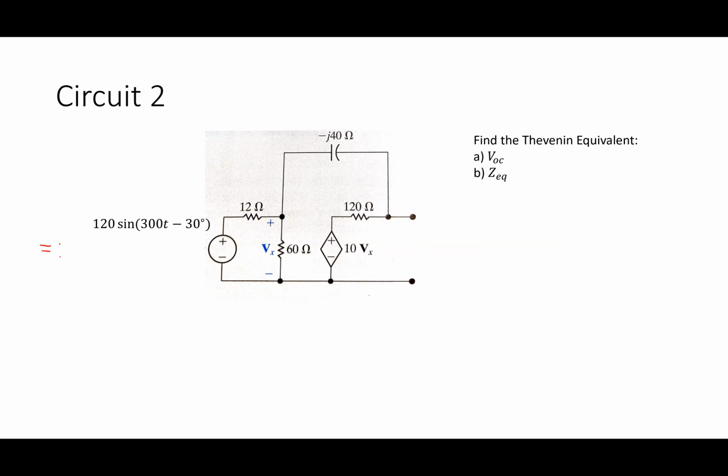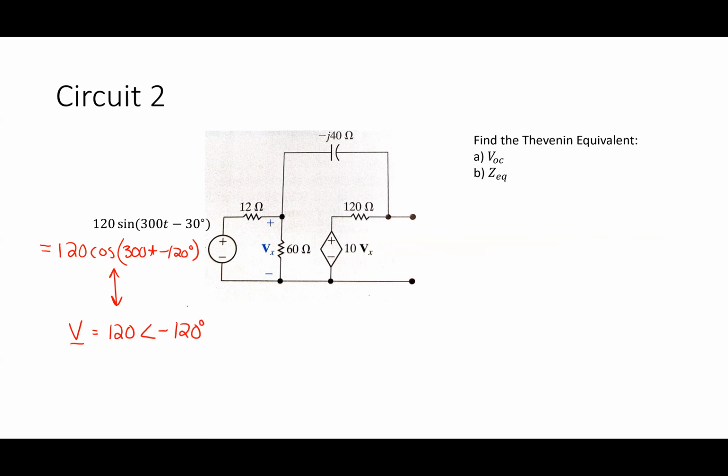Subtract 90. So this becomes 120 cosine 300t minus 120. That means the phasor that goes with this would be 120 angle negative 120.